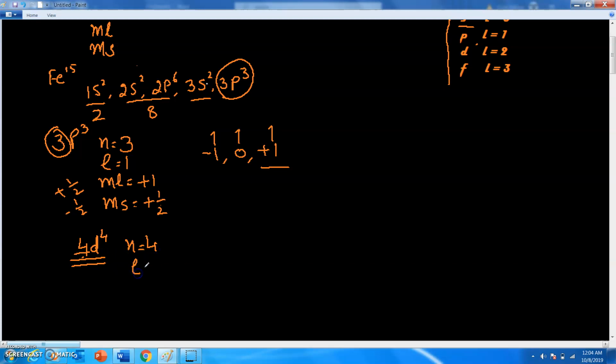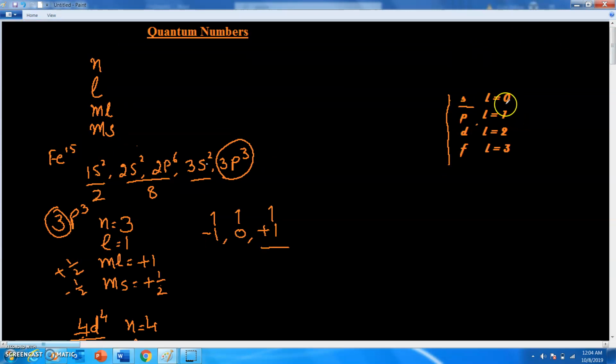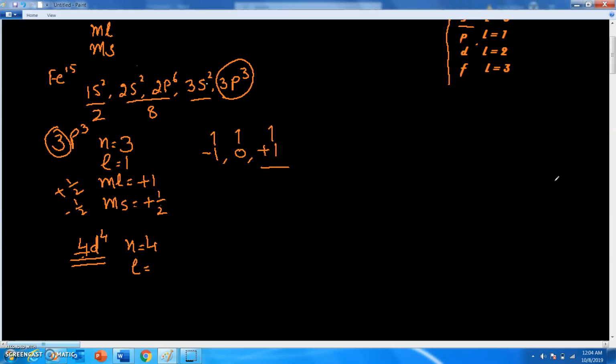Then L again. If it is D, then L is equal to 2. So it will be equal to 2.